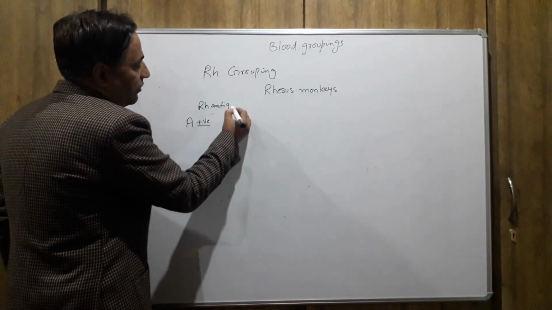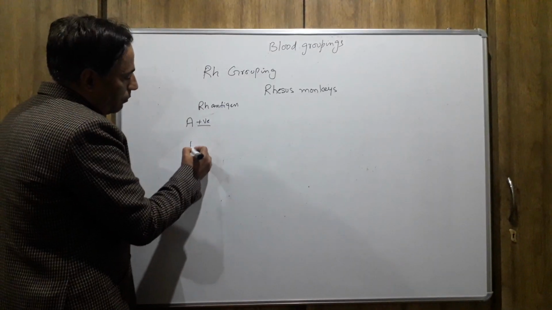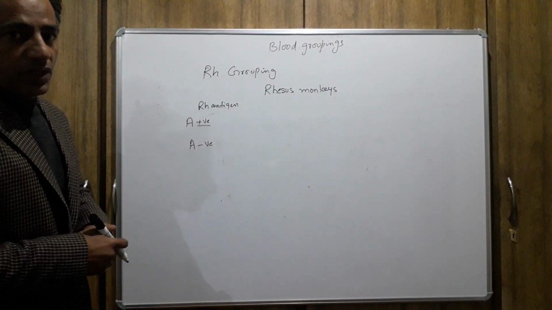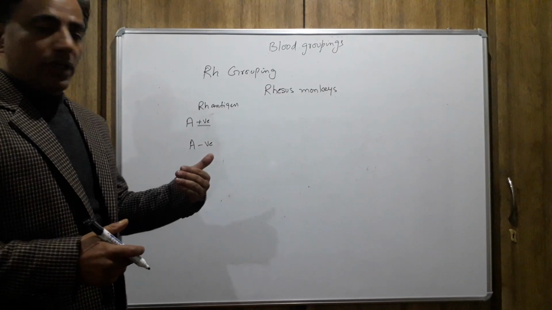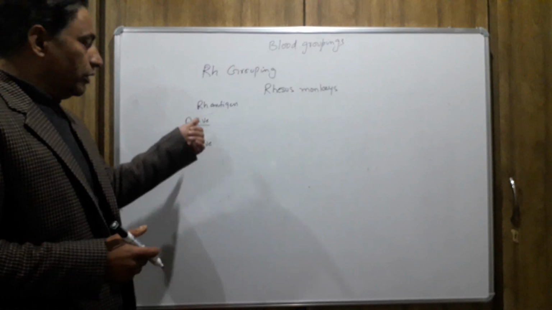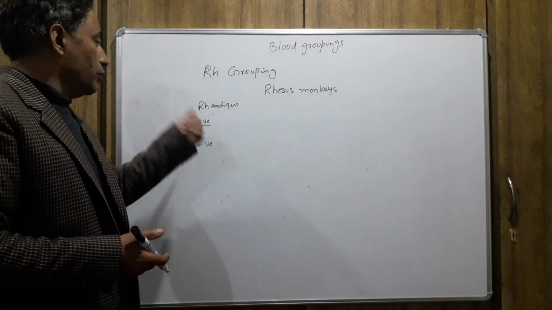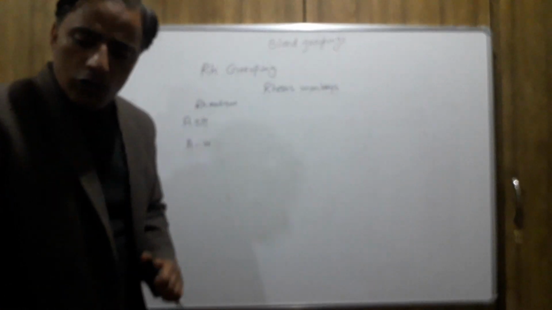If a person has blood group A negative, that means this person does not contain the RH antigen. So those individuals who have the same blood group A positive will only be able to donate their blood to persons who have A positive blood.